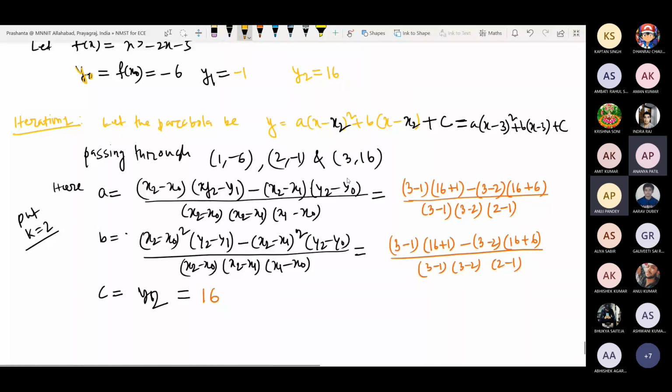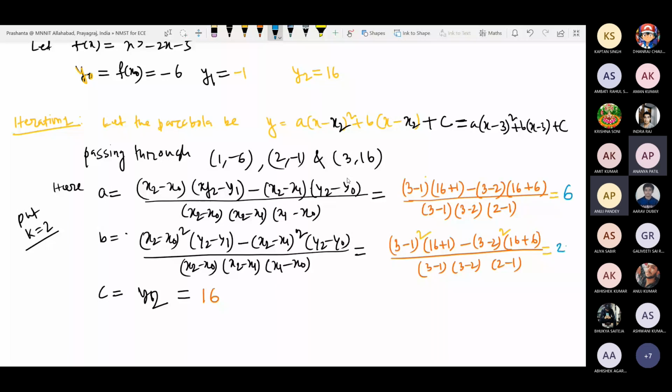Two squares will be there, one square here, another square there. So evaluate and tell me what are a and b. Simplify and tell me. A is 6 and B is 23. So A is 6, B is 23.